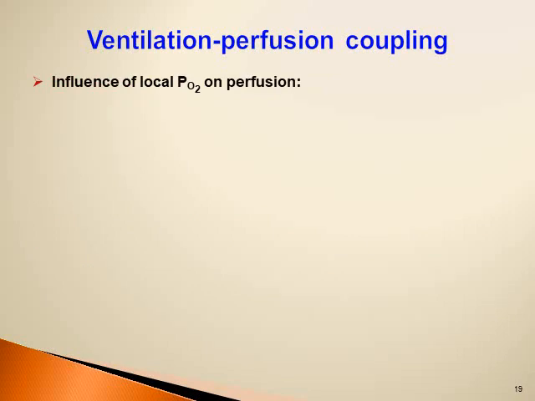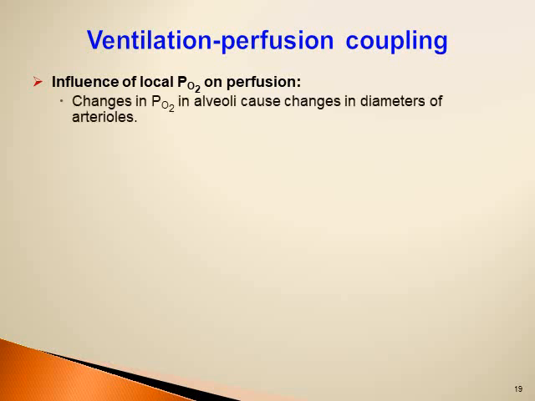What is the influence of local partial pressure of oxygen on perfusion? Changes in the partial pressure of oxygen in the alveoli cause changes in the diameter of the pulmonary arterioles. High alveolar oxygen causes dilation of the pulmonary arterioles.